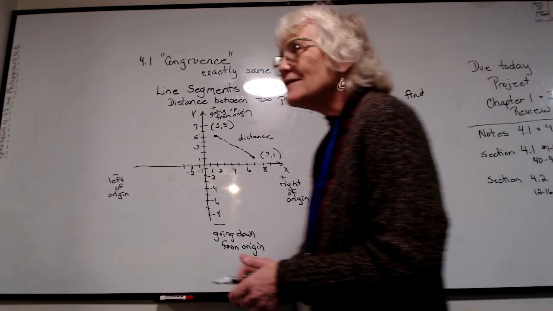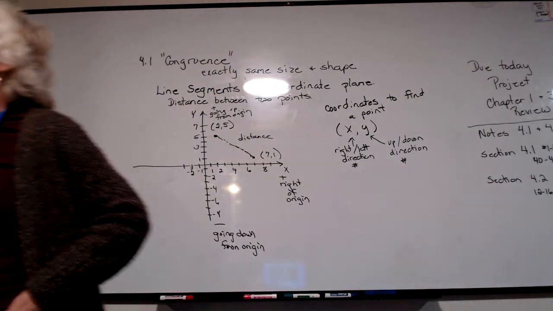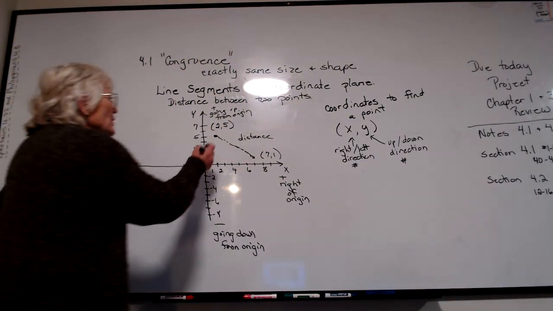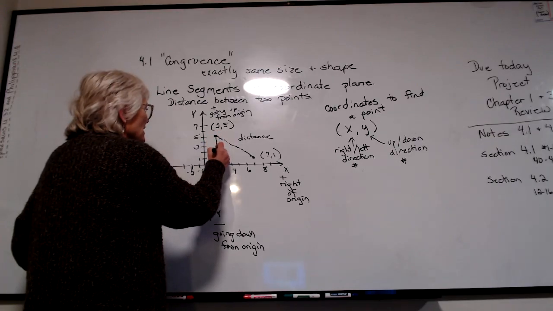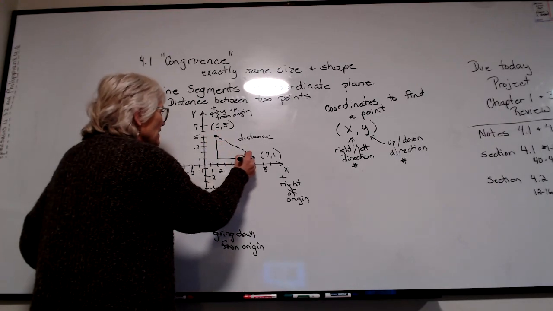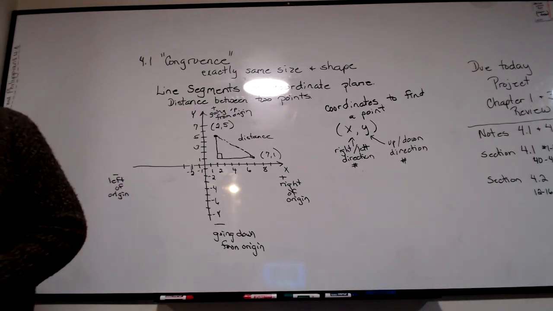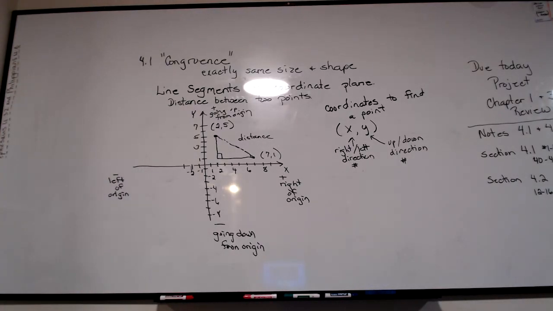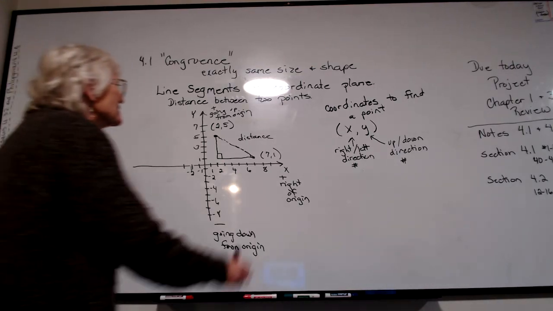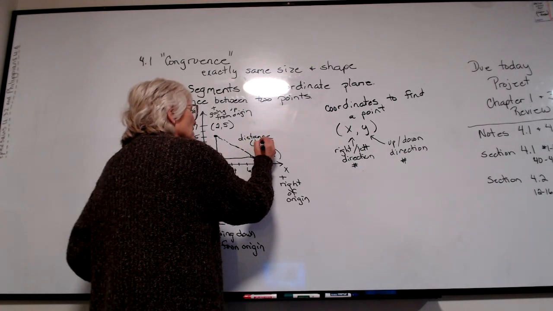One of the things that we use to find distance is we realize we can go down here and over here, and we can make a right triangle. So if we want to find distance, we make the right triangle that goes with that distance.